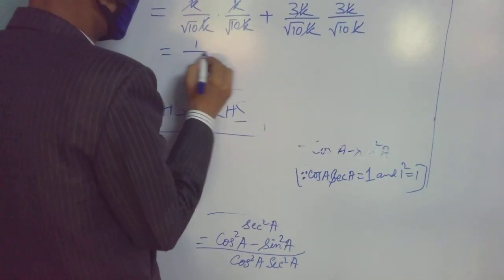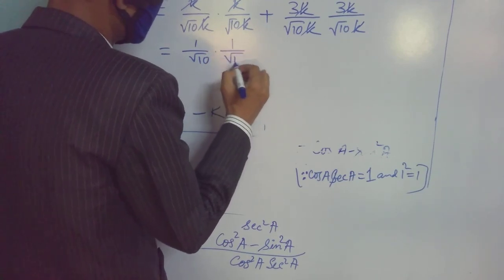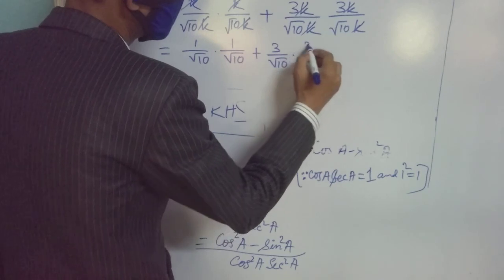So this is 1 by root 10 into 1 by root 10 plus 3 by root 10 into 3 by root 10.